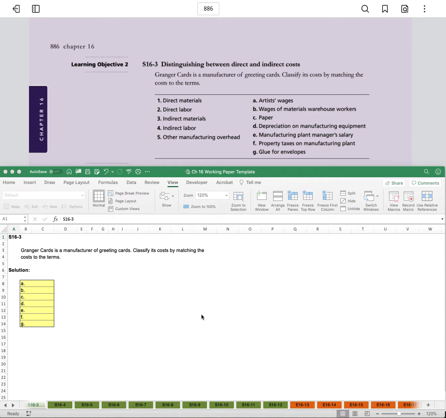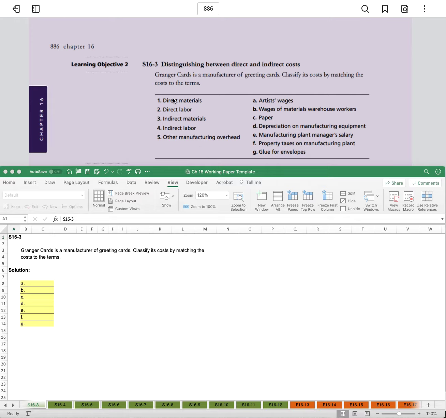So our problem says Granger Cards is a manufacturer of greeting cards. Classify its cost by matching the costs to the terms. They're giving us the terms direct materials, direct labor, indirect materials, indirect labor, and other manufacturing overhead.